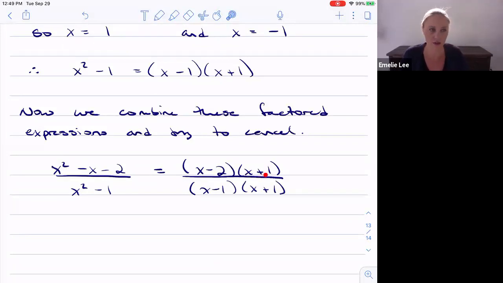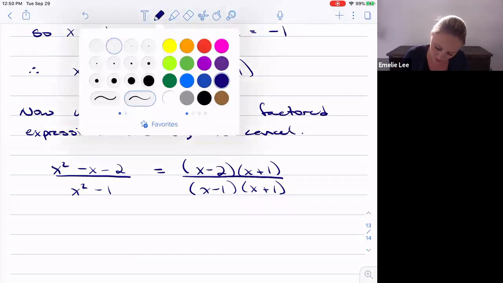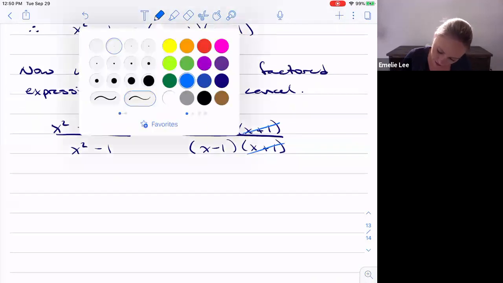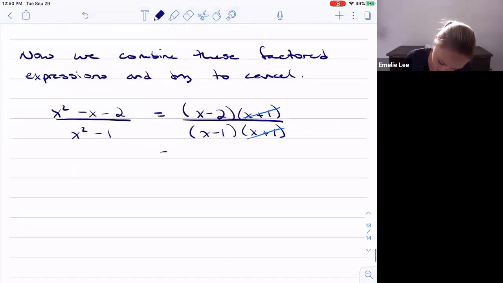Hey, what do you know? x plus 1 can cancel with x plus 1 because they're multiplying across here. How nice is that? So now we've simplified, and we can simply rewrite x squared minus x minus 2 over x squared minus 1 as x minus 2 over x minus 1.